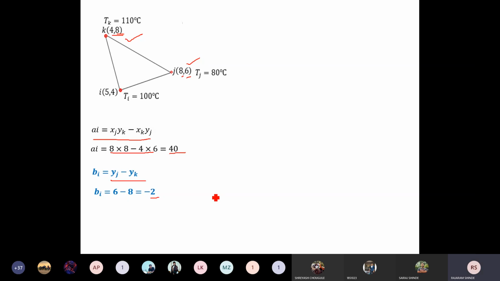Okay, now next one, after bi we go for ci. ci is xk minus xj, xk is 4 and xj is 8. So 4 minus 8, it is again minus 4. Whether these values are correct or wrong, you have to check. If anything is missing, you can ask me.